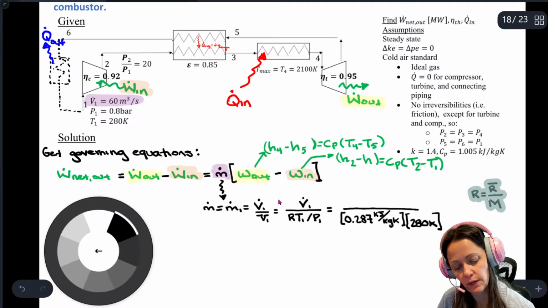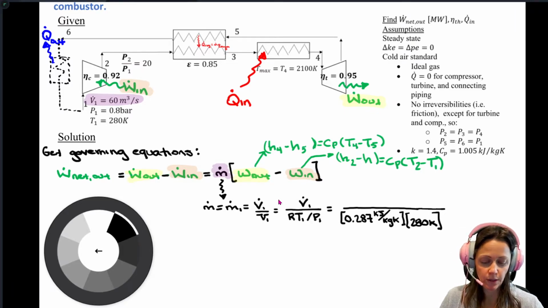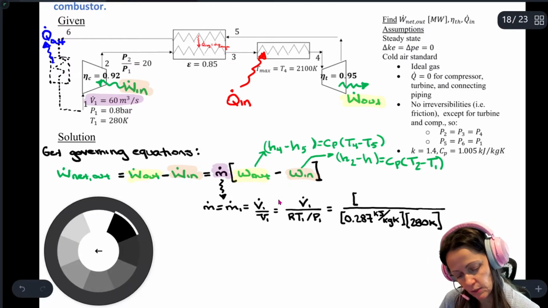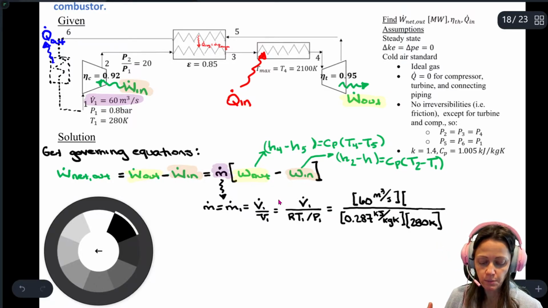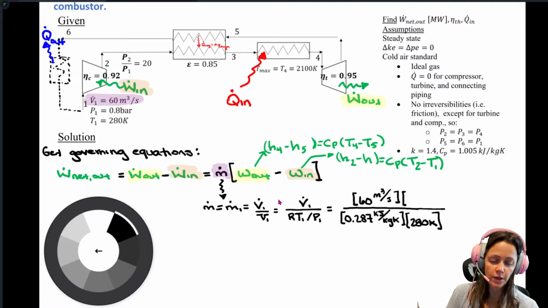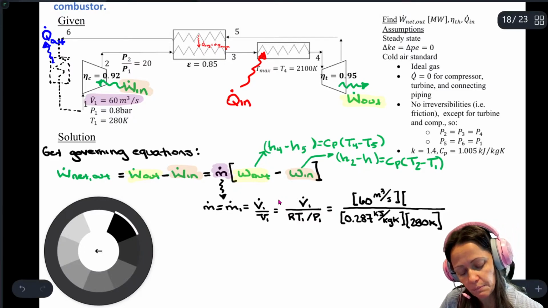Erase this just so I've got a little bit of room. And then I'm going to bring the pressure up to the numerator. So v dot is 60 meters cubed per second. Now, you may or may not recall, if you want your units to work out correctly, put that pressure in kilopascals and it will work out. So 0.8 bar is really 80 kilopascals, and I'll show you the unit conversions.